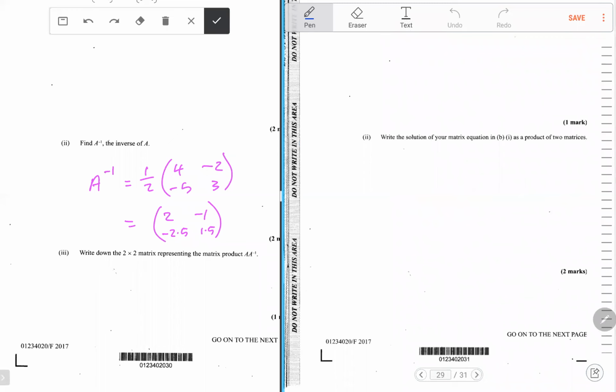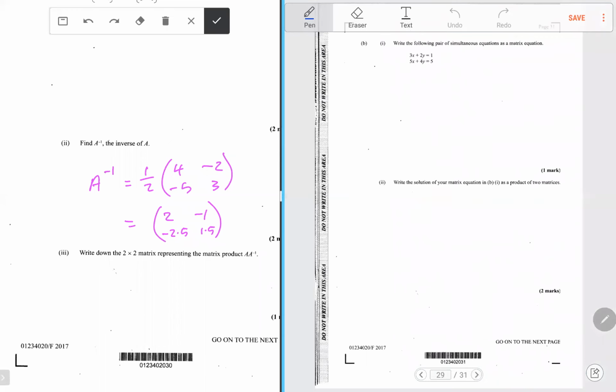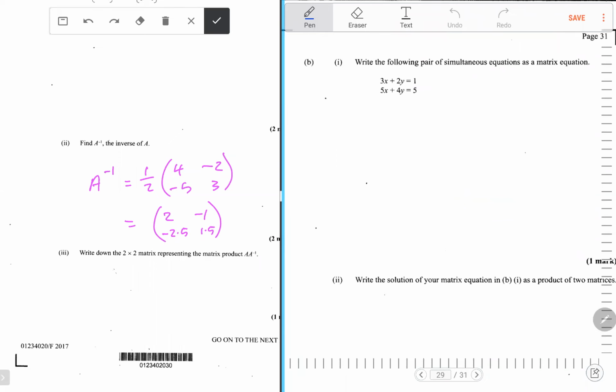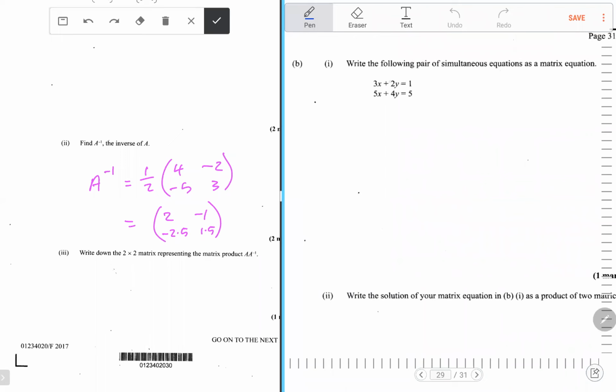All right, so down here now, they said, write the following pair of simultaneous equations in matrix form. So what you want to do now is first check that you have an x value followed by a y value in the first equation and an x value followed by a y value in the second equation. That is the case. You don't have to change anything.